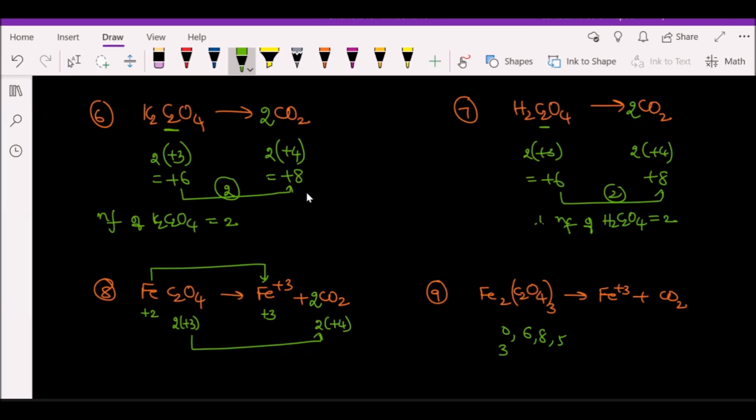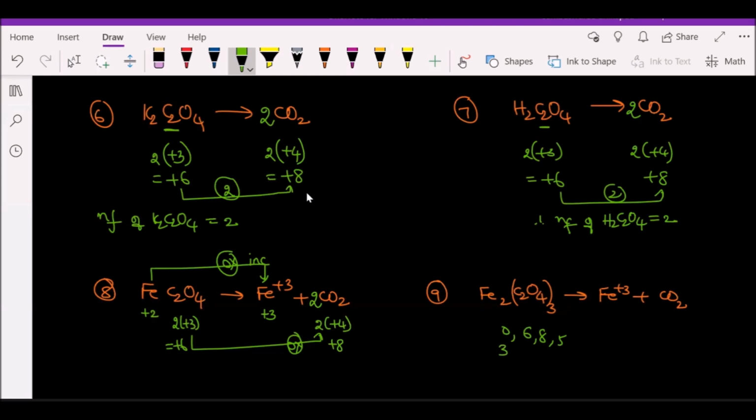So +2 to +3 is increasing, meaning oxidation. Here the total value +6 is converting to +8. It is also oxidation, increasing. So both are undergoing oxidation. When from the same substance more than one element is undergoing oxidation, what is the total change in oxidation numbers?